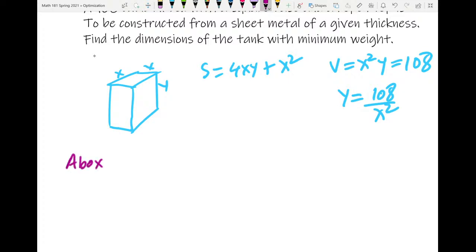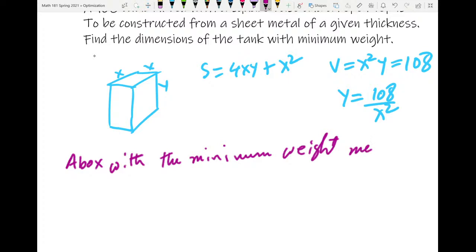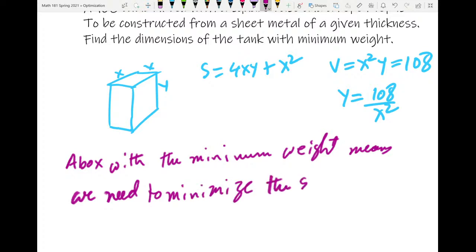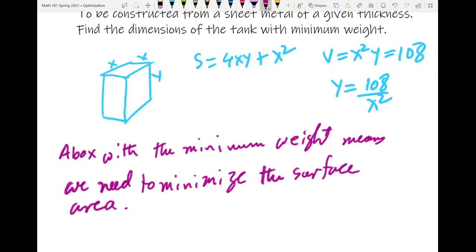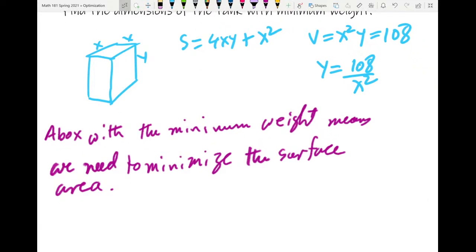A box with the minimum weight means we need to minimize the surface area. So if we minimize the surface area, we reduce how much water it can hold.